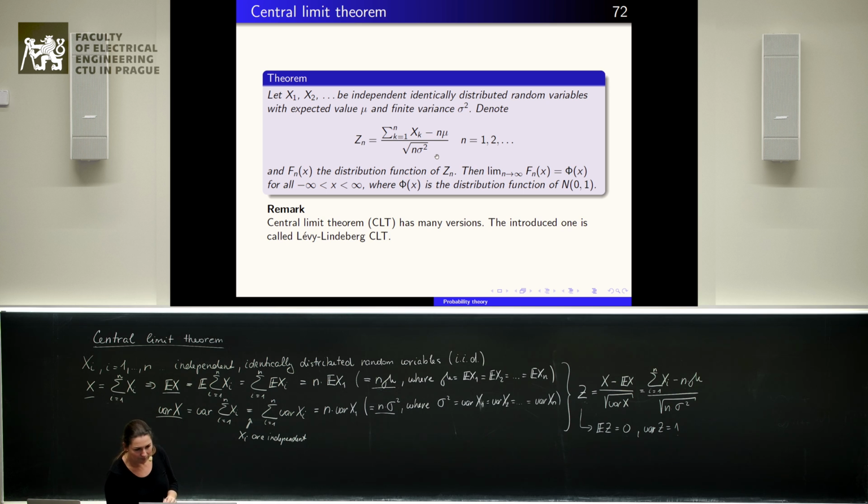So why is it so useful? Imagine an example.